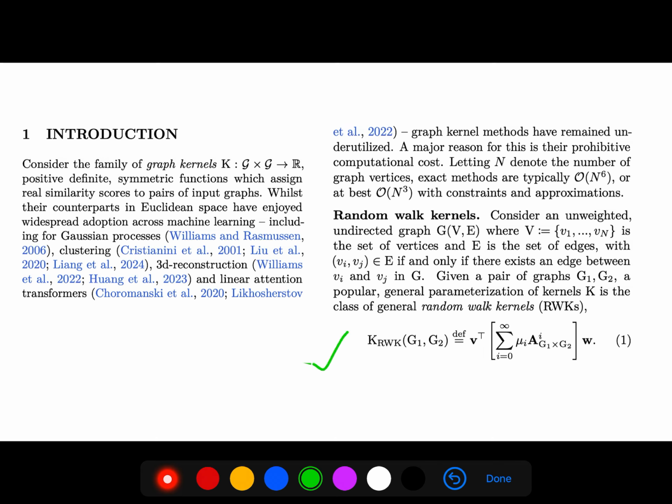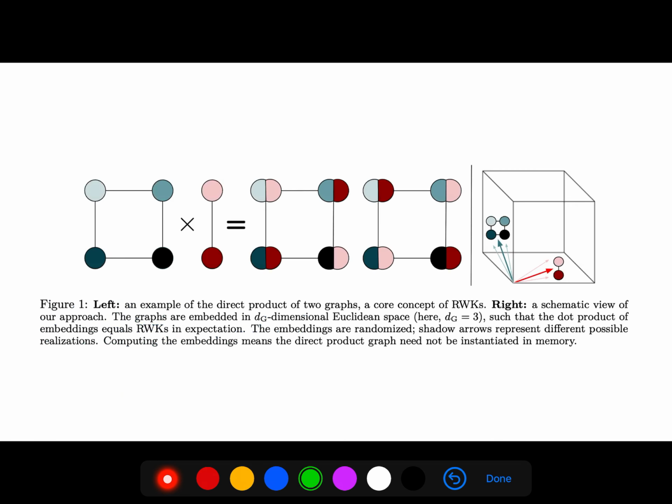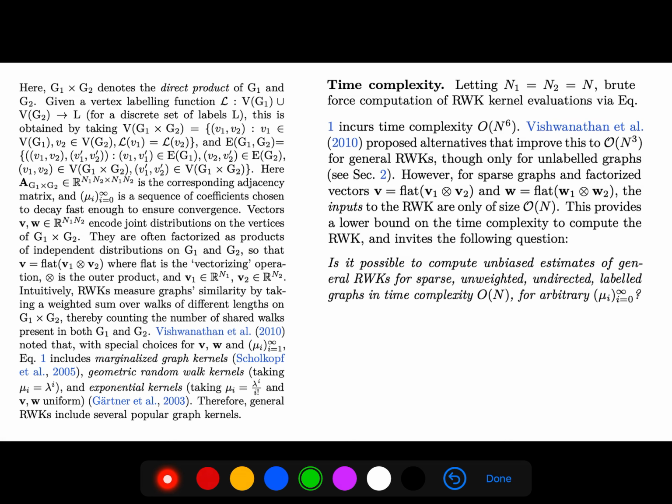So this is a graph kernel, a random walk kernel between two graphs. We create this adjacency matrix on the product of the two graphs, G1 and G2. Like in this picture, for example, this is G1, this is G2, and G1 times G2 is this product graph with the corresponding adjacency matrix.